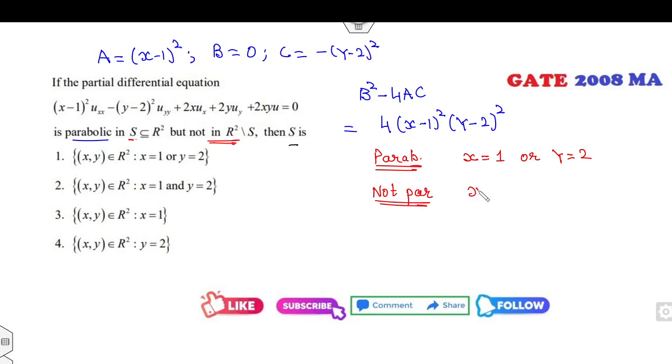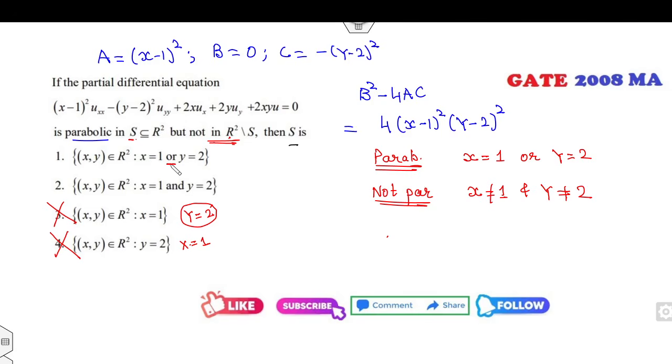Again, a is (x minus 1) whole square. b is the coefficient of xy, which is 0. c is minus (y minus 2) square. Then b squared minus 4ac is 4 times (x minus 1) square (y minus 2) square. It is given that it is parabolic in S but not in R. When will it be parabolic? Either x will be 1 or y will be 2. And not parabolic when x is not equal to 1 and y is not equal to 2. Then what will be S? This option is cancelled because if this is my S, I can choose y equal to 2, then in both cases it will be parabolic. Similarly this case is also cancelled because if I choose x is 1, in both cases it will be parabolic.